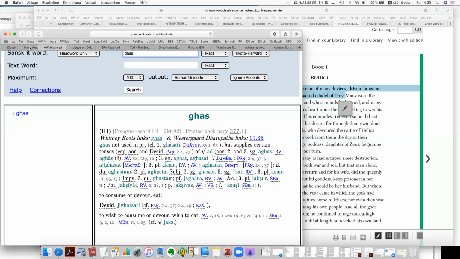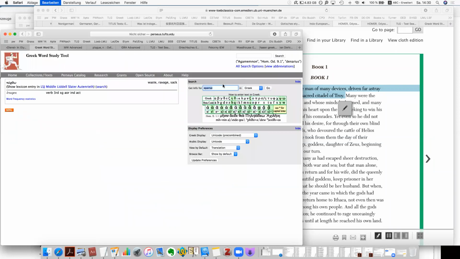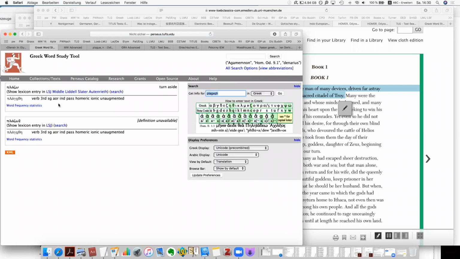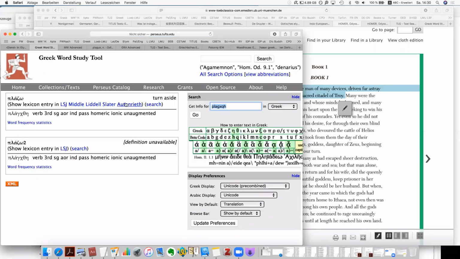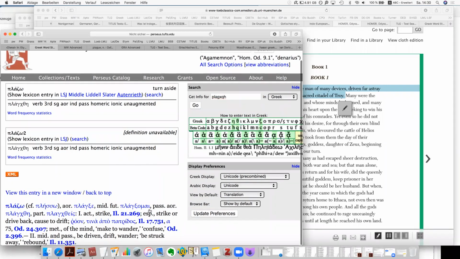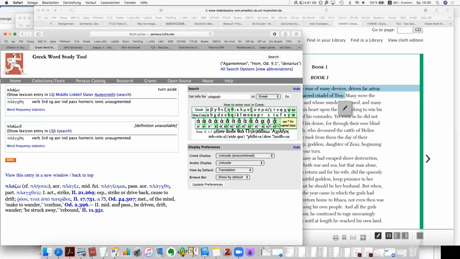I forgot the present form. Okay, so present, you find it here. So present actually means, sorry, it's called plazo, meaning to strike, or driven apart or driven back.